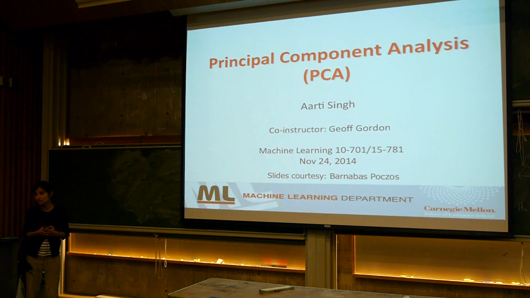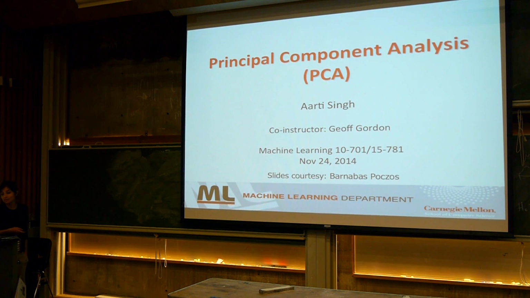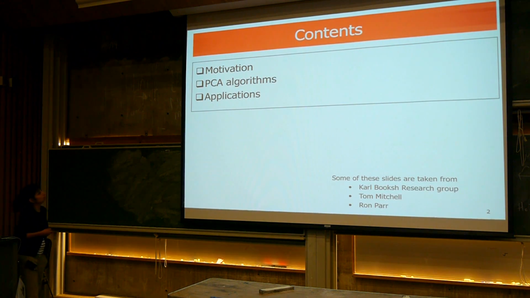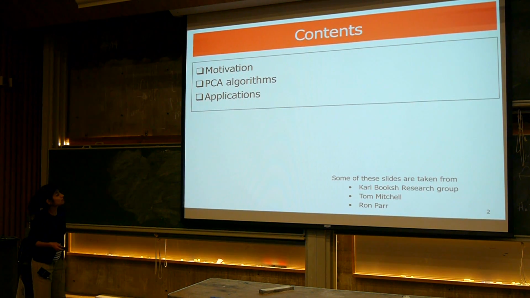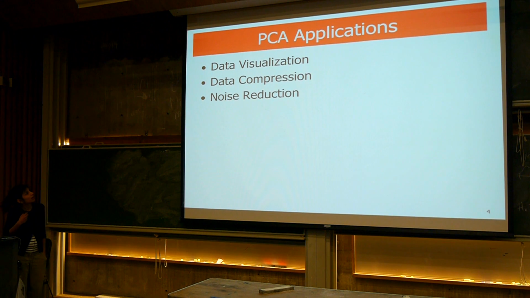Maybe there are too many dimensions to keep track of, and what is a useful way to reduce that dimensionality? And either compress your data, or maybe even do denoising using it. We'll see that principal component analysis gives us a way to do all of that. So we'll talk about motivation, the algorithm, and then some applications.